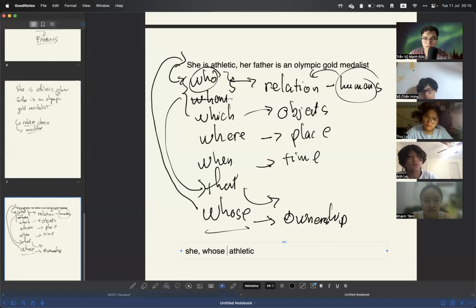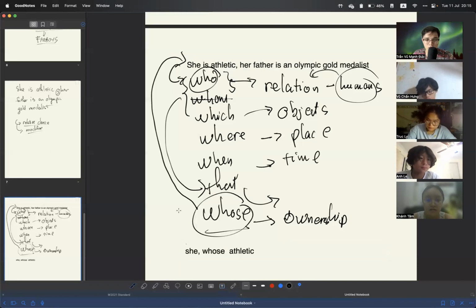Just replace what should be replaced. Right, so this is in place of a subject, and this is in place of whose. Her father is a subject, but whose replaces he, his, her, their.